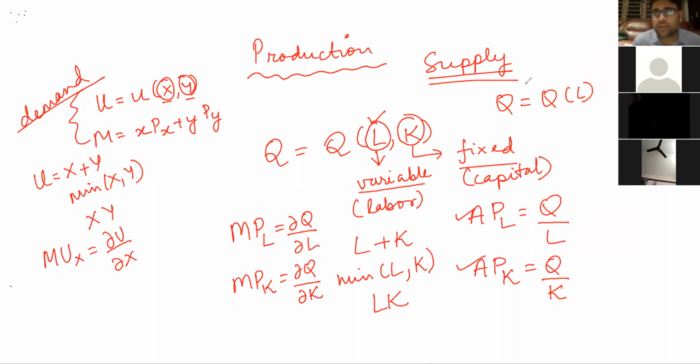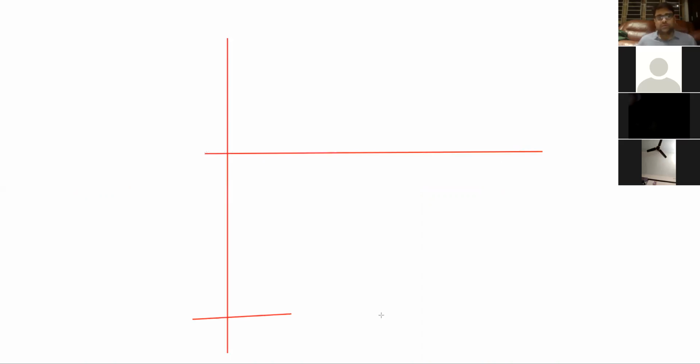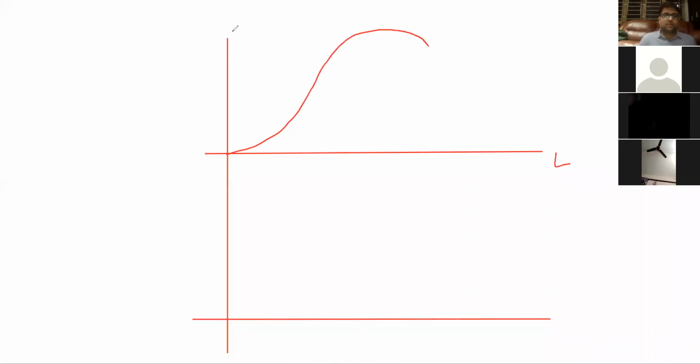Now let's take a look at how the production function will look in terms of the variable factor. If I put it on a diagram, let's see how the diagram will look. I'll show the production function, and corresponding to it, I'll also show the average and the marginal productivity. This is my production function in terms of only the variable factor.